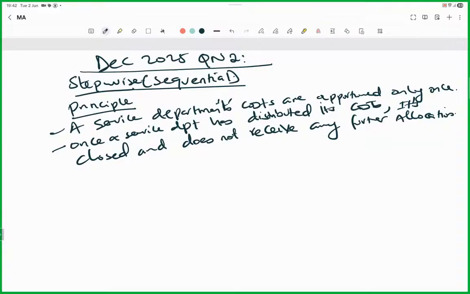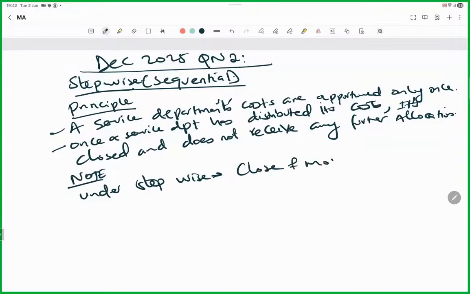So the most important thing, ladies and gentlemen, is that under stepwise you close and move on.